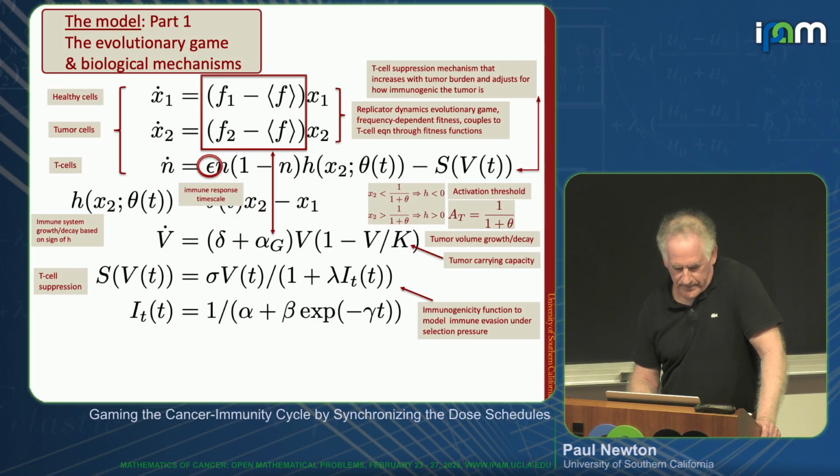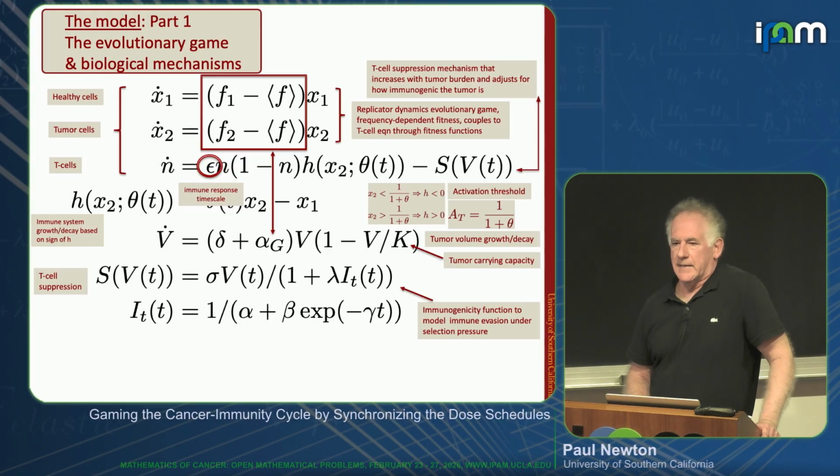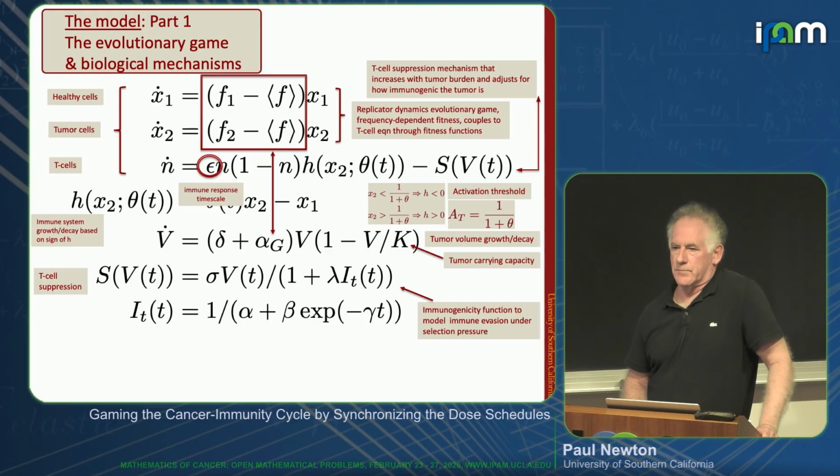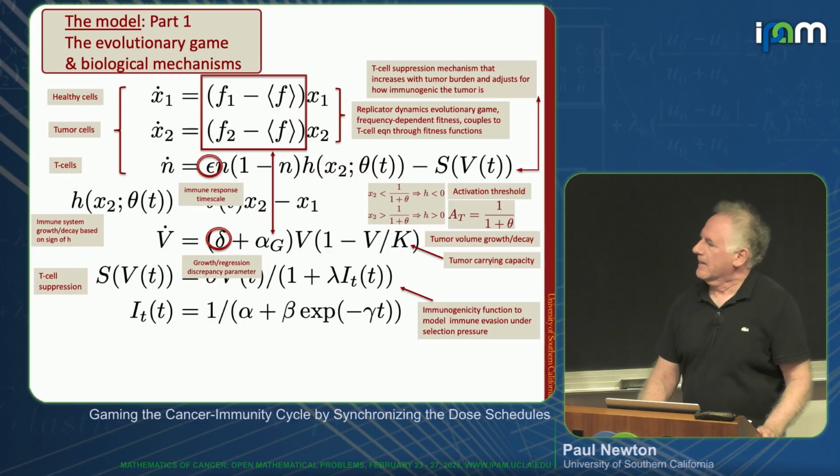Then there's a parameter epsilon, which we can control, which is the immune response timescale. It tells you how quickly the immune system responds to changes in the tumor size. And then there's delta, which I think of as a discrepancy parameter, which is actually a constant, and you're going to see how that affects things.